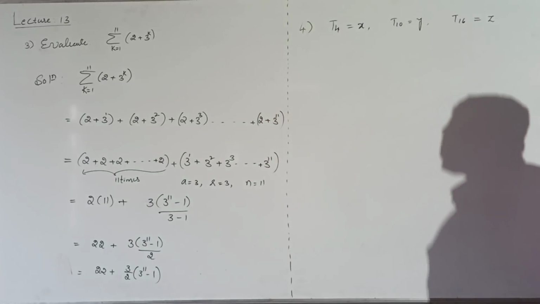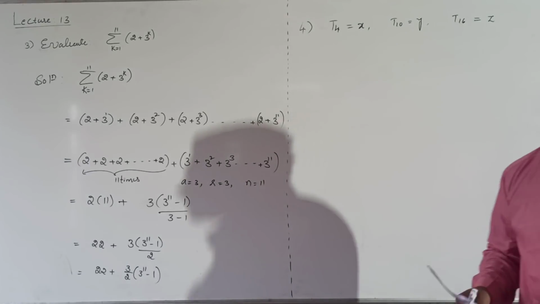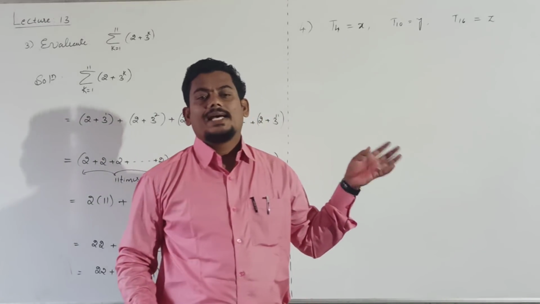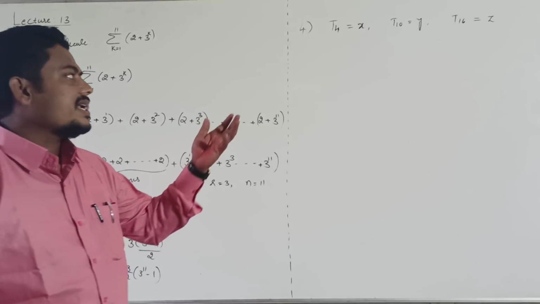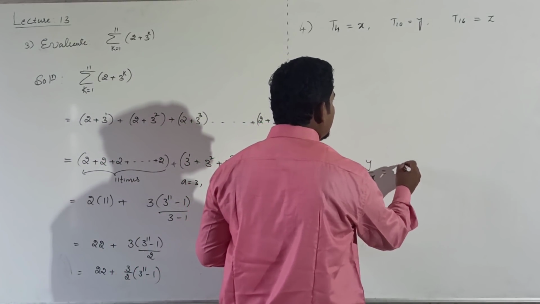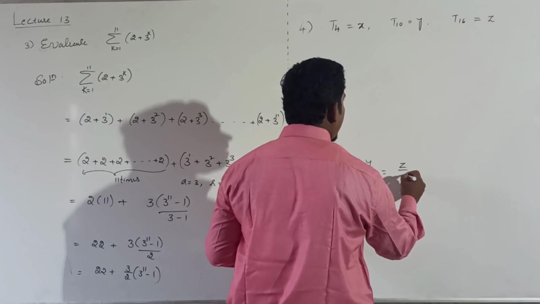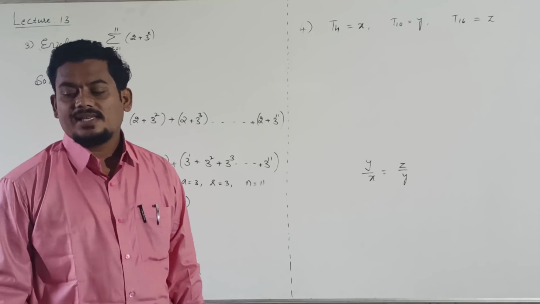Then prove that x, y and z are in GP. What do we need to prove? The ratio is constant, then only it is a GP. We need to prove y by x is the same as z by y. If this ratio is constant, then x, y, z are in GP.